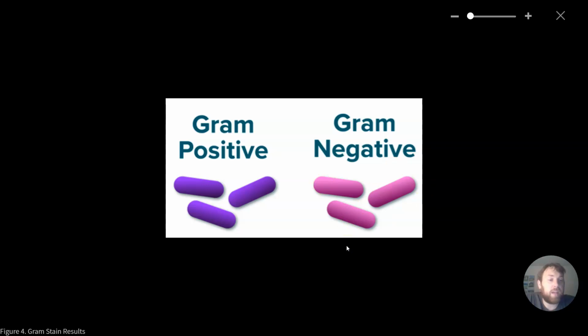You can kind of tell that the test that we would do is called a gram test, or a gram staining as we call it. Because what we're going to do is we're going to stain them with both of these colors. And depending on the structure of the bacteria, one color will pop up. Either this purpley color if it is a positive for a gram test, or a pink color if it is negative for a gram test.